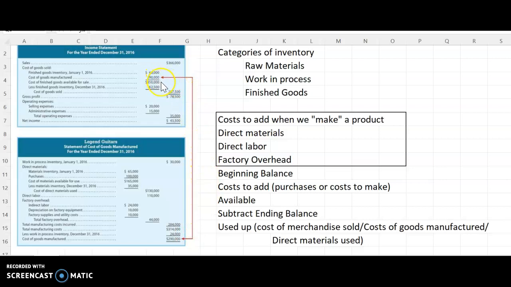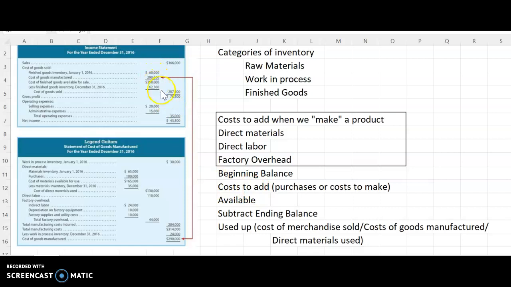And you're going to use the same calculation again, only this time I'm going to be using it for finished goods to find out how much my cost of goods sold is. So you do beginning finished goods right here. What I added during the period is called cost of goods manufactured. Okay, cost to add.